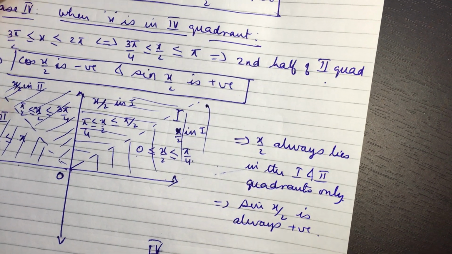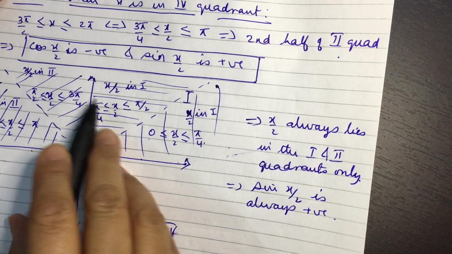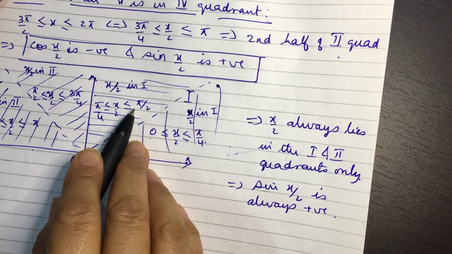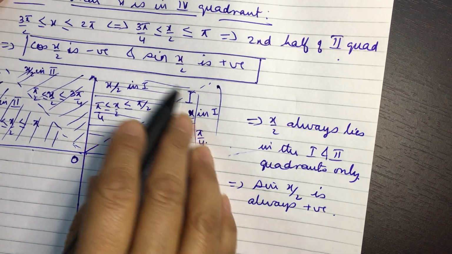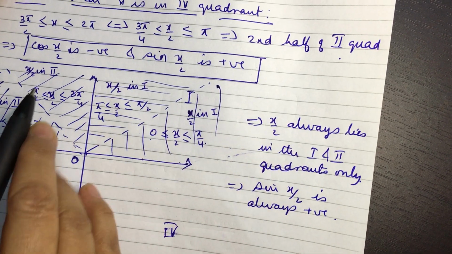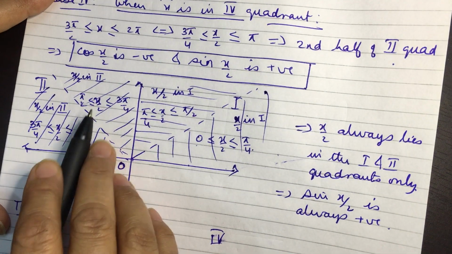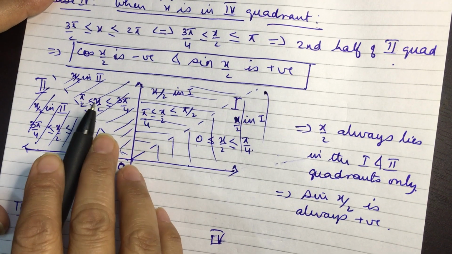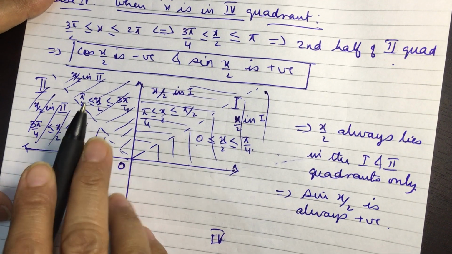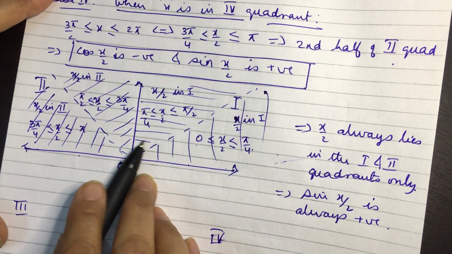This is the first conclusion which we get, and then the remaining depends. When x is in the first and second quadrant, x by 2 is in the first quadrant, so cos x by 2 is always positive, whereas when x is in the third and fourth quadrant, x by 2 is in the second quadrant, and so cos x by 2 is negative.